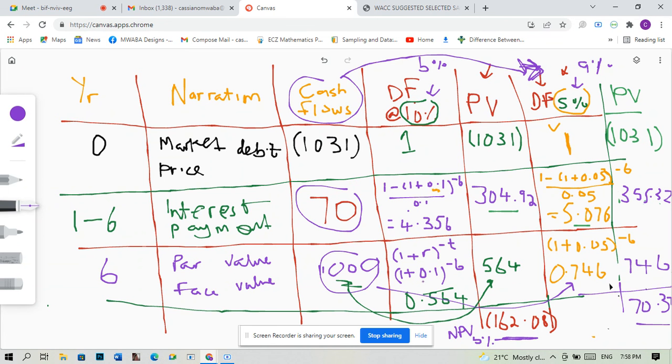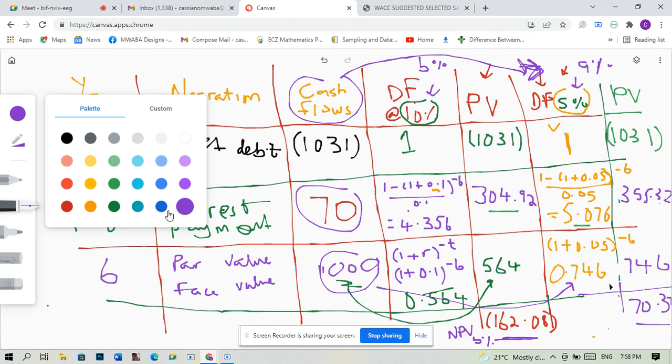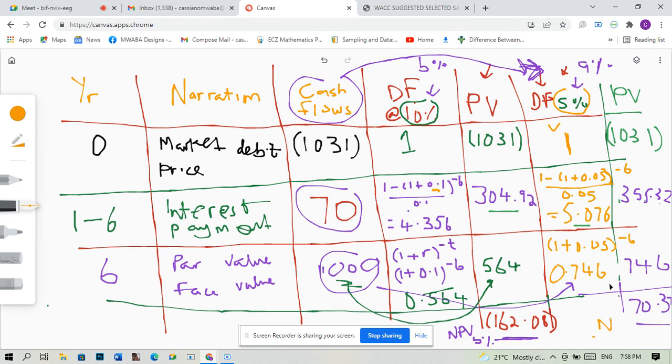Then our NPV A% is going to be represented by this 70.32. So B%, the higher discount rate, and A%, which is the lower discount rate.